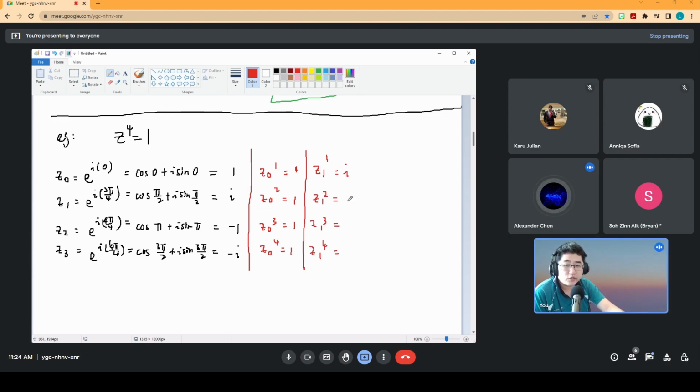Z1 power 2 is -1. Z1 power 3 is -i. Z1 power 4 is 1. So this is equal to Z0, this is equal to Z3, this is equal to Z2, and this is equal to Z1, of course.